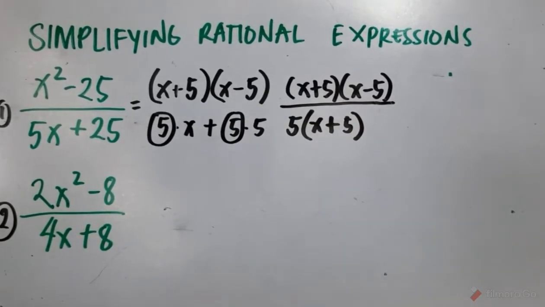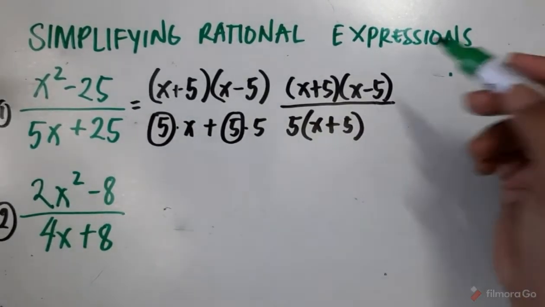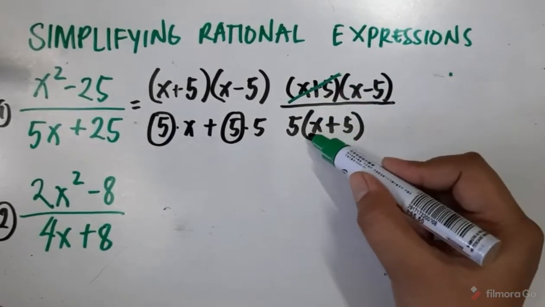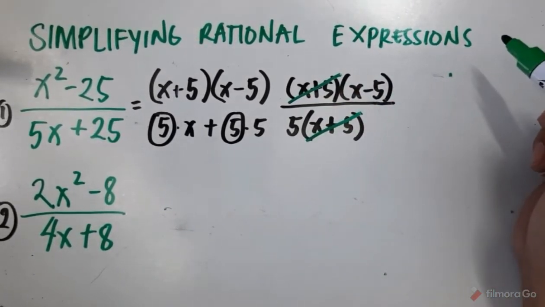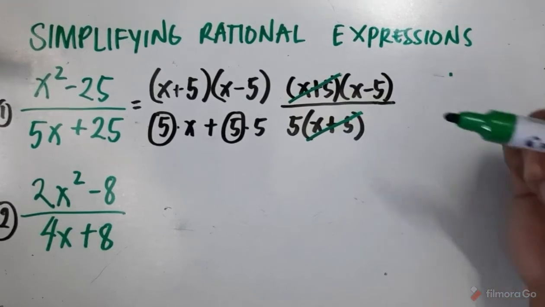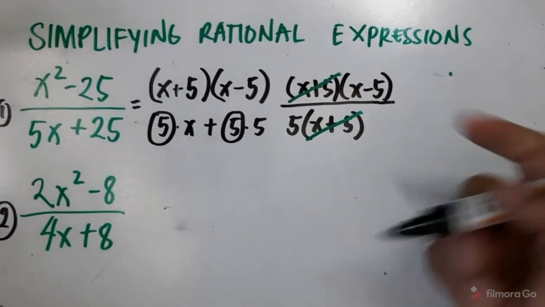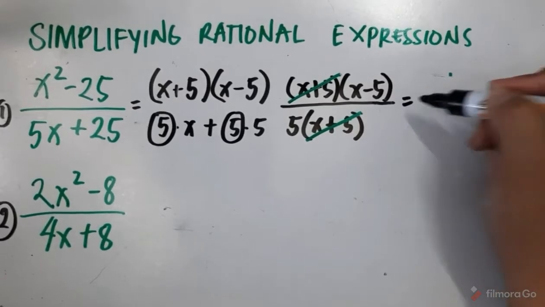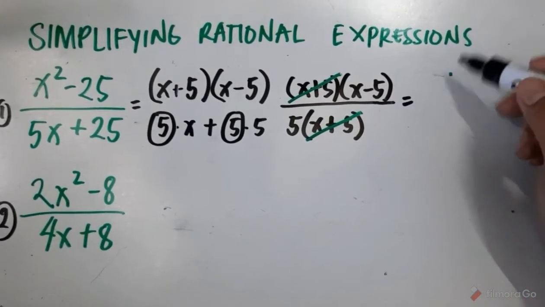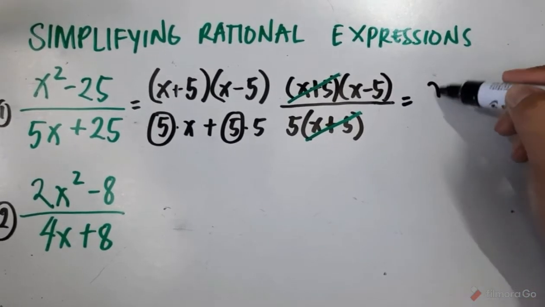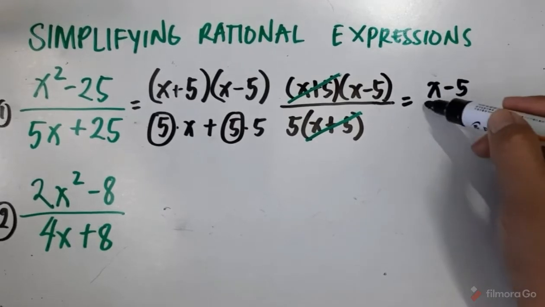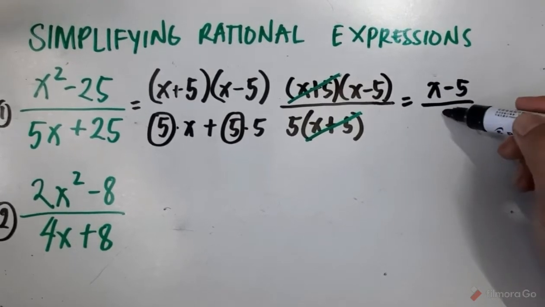In this case, as you see, this will be x plus 5 and x plus 5 in the denominator, because when we divide them, the answer is 1. So technically, let's just cancel. Next, what is left in the numerator is x minus 5, and in the denominator is 5.